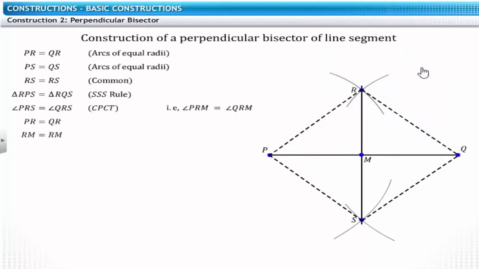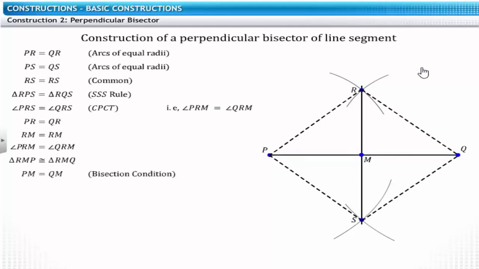As proved above, angle PRM is equal to angle QRM. Therefore, by SAS congruence rule, the triangles RMP and RMQ are congruent. By the CPCT principle, side PM is equal to side QM. This proves the condition of bisection.